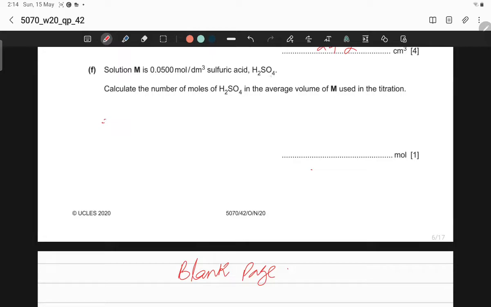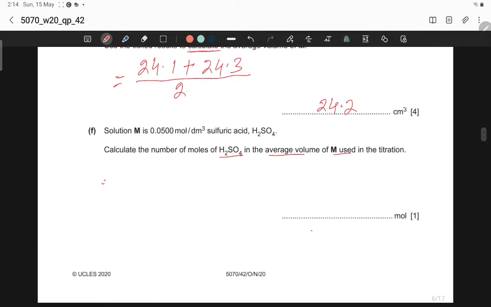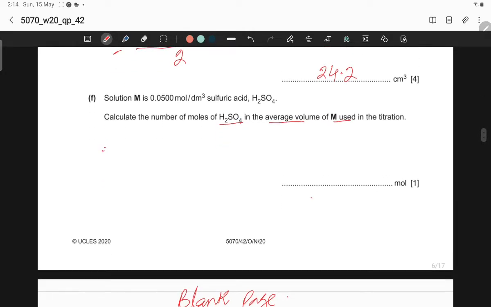Solution M is 0.0500 mole per dm cube sulfuric acid. Calculate the number of moles of sulfuric acid in the average volume of M. This is the volume of M. Mole is equal to concentration into volume divided by 1000, because volume is in centimeter cube.